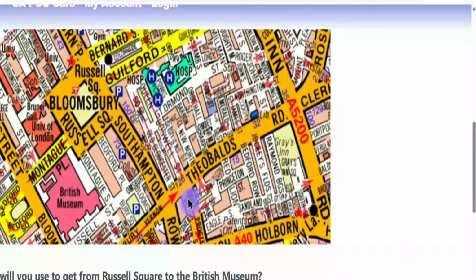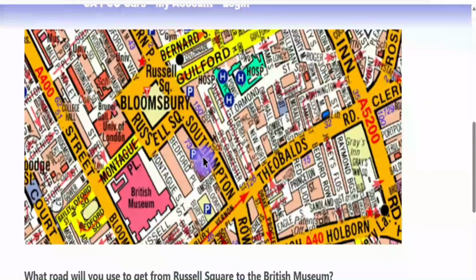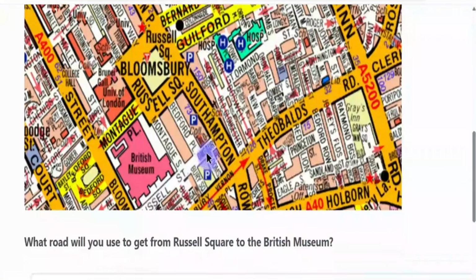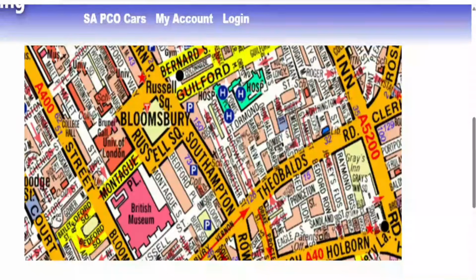These are signs we're going to use in the questions, not in this question. We have to find the British Museum first. So this is the British Museum. Sometimes it takes time to find it. This is Russell Square. If we zoom, this is one way. We can't use that road.